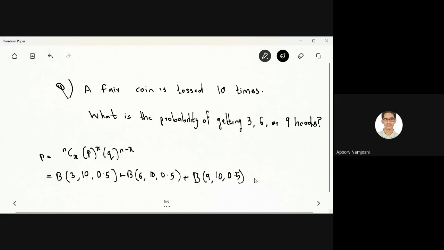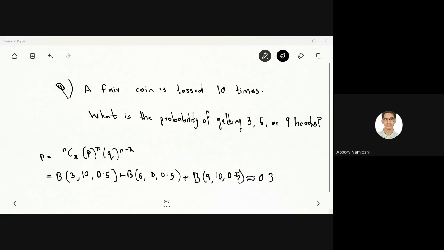This roughly comes out to be around 0.3. Now this is the analytical method by which you get an exact answer. The 0.3 is an approximation of this, but if you calculate, you will definitely get some exact value.